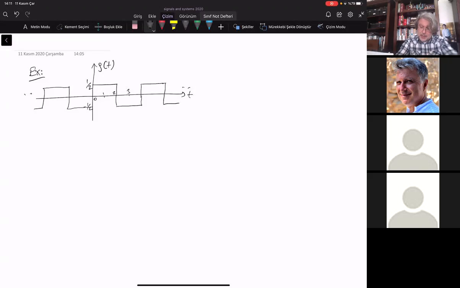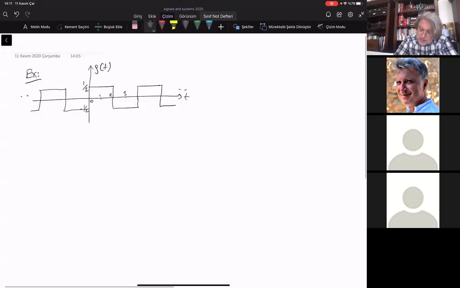But now, this is our signal. This is g of t, which can be constructed from a signal that we already know, which we can call x of t.